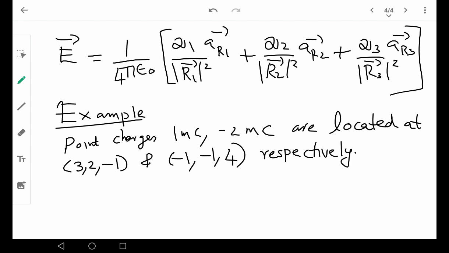That means that 1 millicoulomb is at (3, 2, minus 1) and minus 2 millicoulomb is at point (minus 1, minus 1, 4).